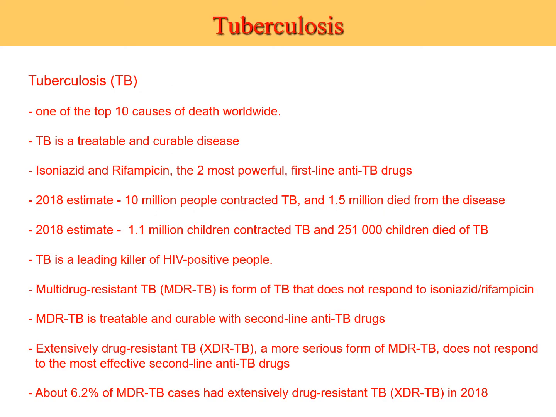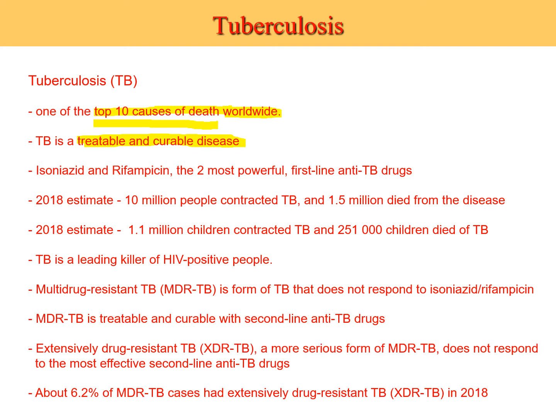TB is still a serious disease affecting many people. It is one of the top 10 causes of death worldwide. It is a treatable and curable disease, so it's quite unfortunate that it's still up there in terms of being widespread and a major cause of death in the world.